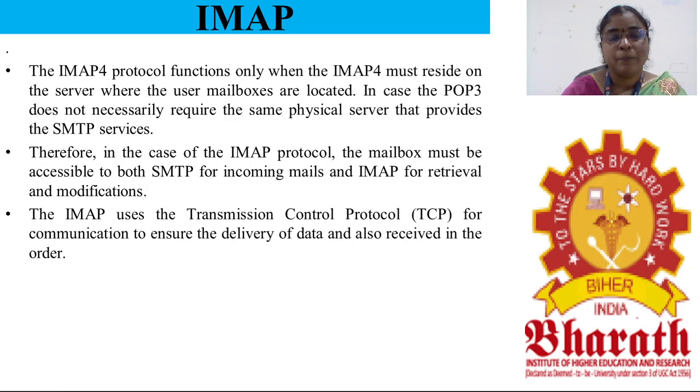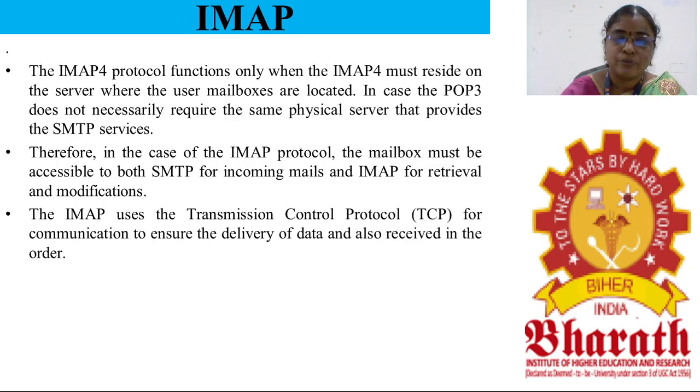The IMAP4 protocol functions only when IMAP4 resides on the server where the user mailboxes are located. In the case of POP3, it does not necessarily require the same physical server that provides the SMTP services.